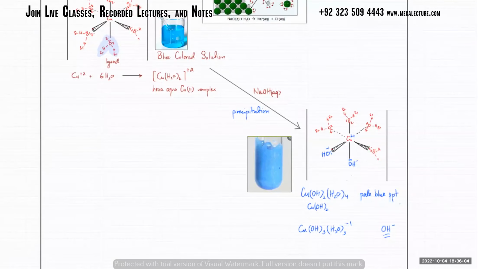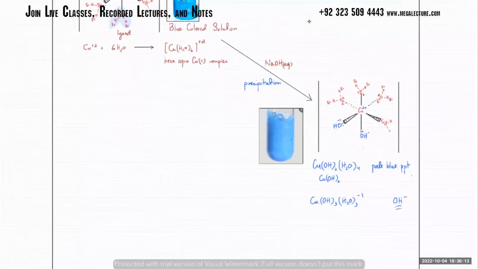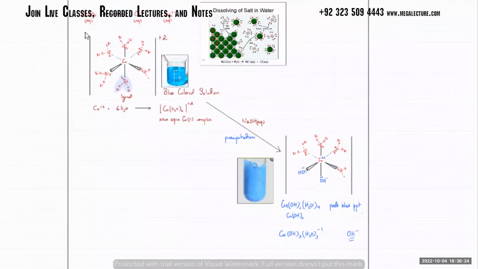Yes, sir. Okay, now another ligand exchange reaction, and that is when you add ammonia to it. Okay, this is what happens. Now, when you add ammonia to it, let me copy the same.